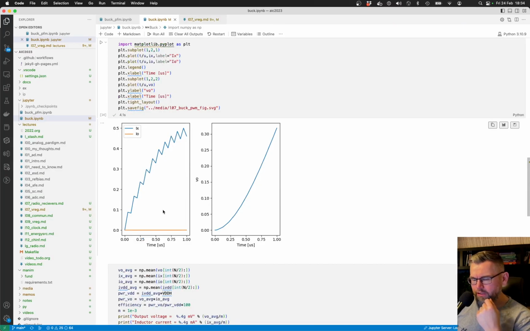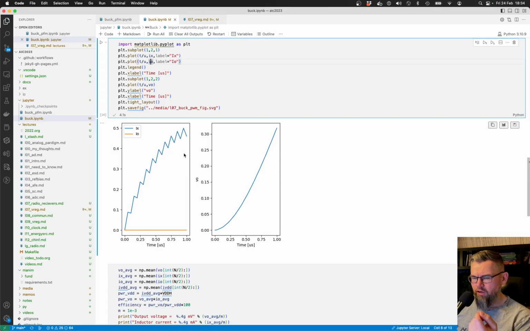Okay, so what we're seeing here in blue is the current in the inductor, and IO is the current in the output. So that's pretty low at the moment. And here it's actually up to about 0.5 amps, but that's because we're ramping from 0 volt.